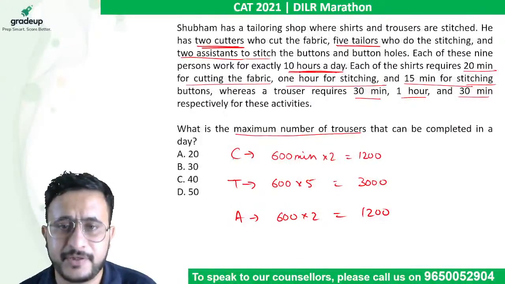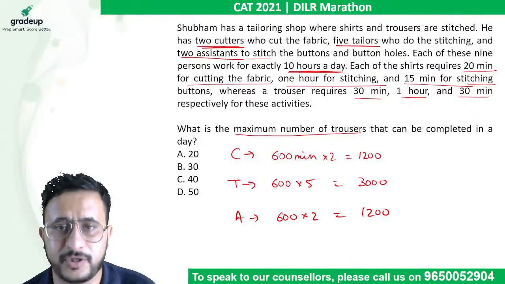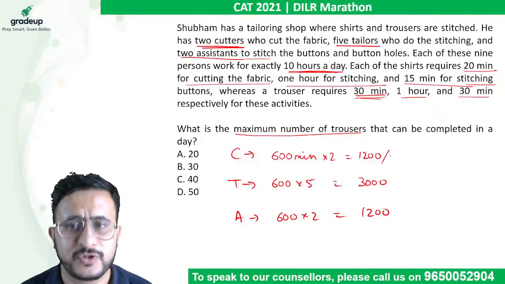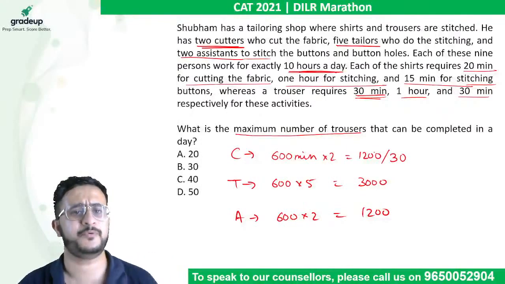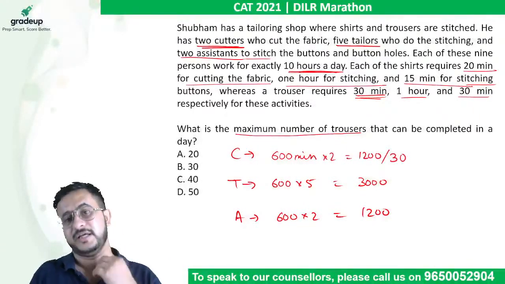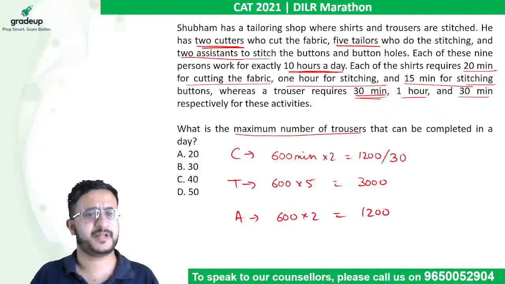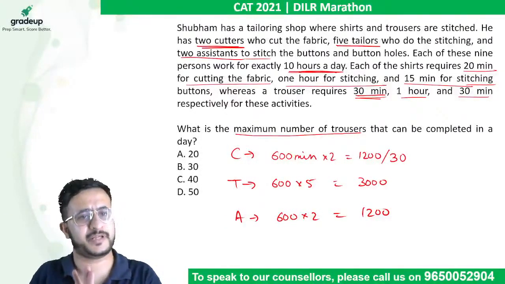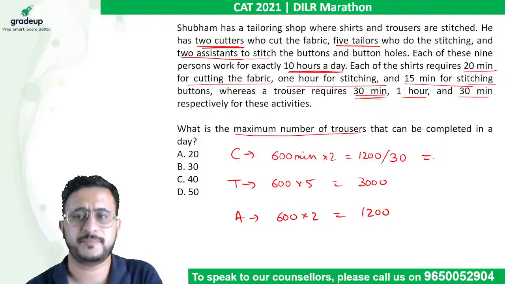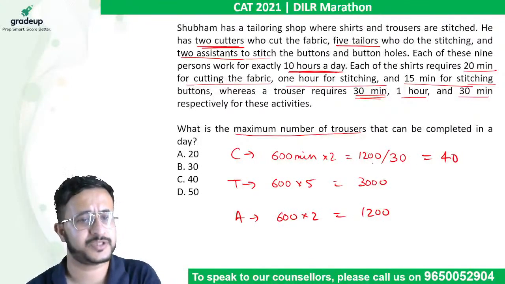Now we are talking about trousers, right? Each trouser requires 30 minutes to cut. So 1200 minutes are available. If I want the maximum number of trousers, I will employ everyone, both cutters, only on trousers. At 30 minutes per trouser, they will be able to cut 40 trousers.